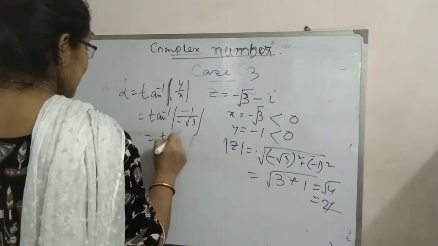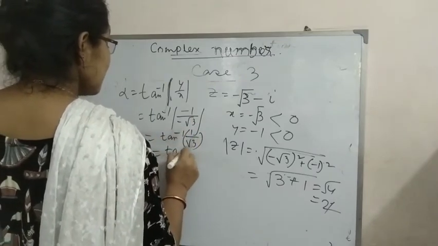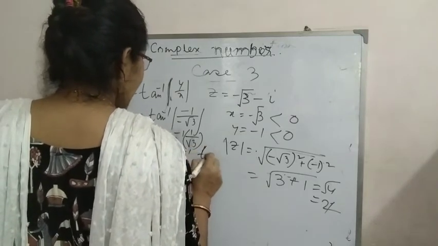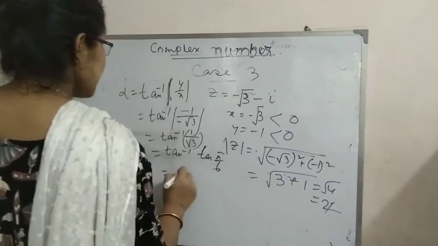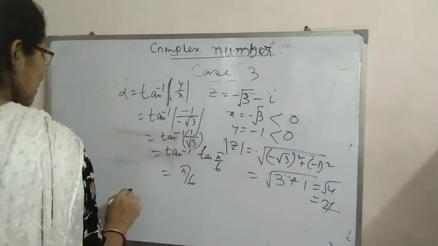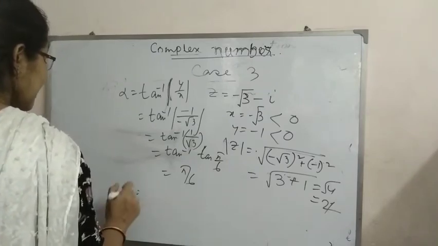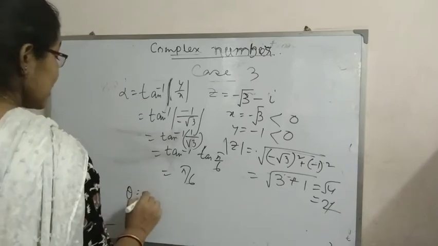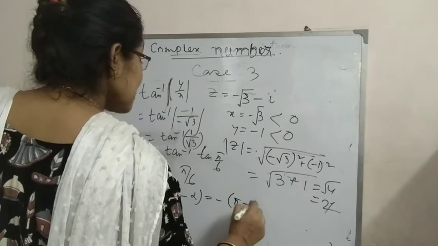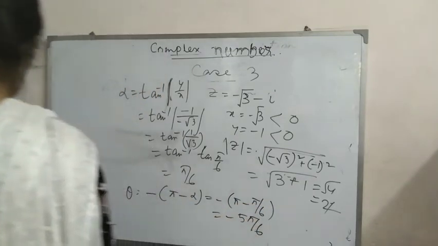This is equal to tan inverse 1 by root 3, which is tan inverse tan pi by 6, equal to pi by 6. And here, since P lies in the third quadrant, theta, that is the argument of z, equals minus pi plus alpha, that is minus 5 pi by 6.